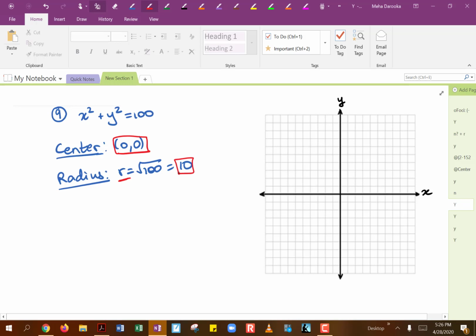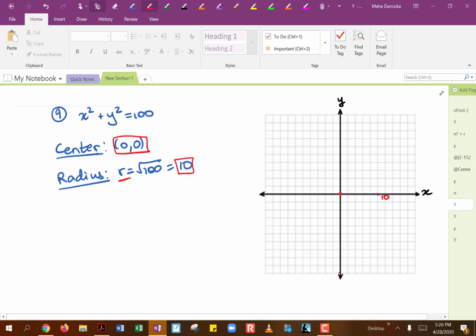They also asked us to sketch the graph of this. So center at 0, 0, and then you are going 10 units out. Because it's going to be a pretty big circle, I'm going to change the scale on my graph and count in twos. So this would be 2, 4, 6, 8, 10.